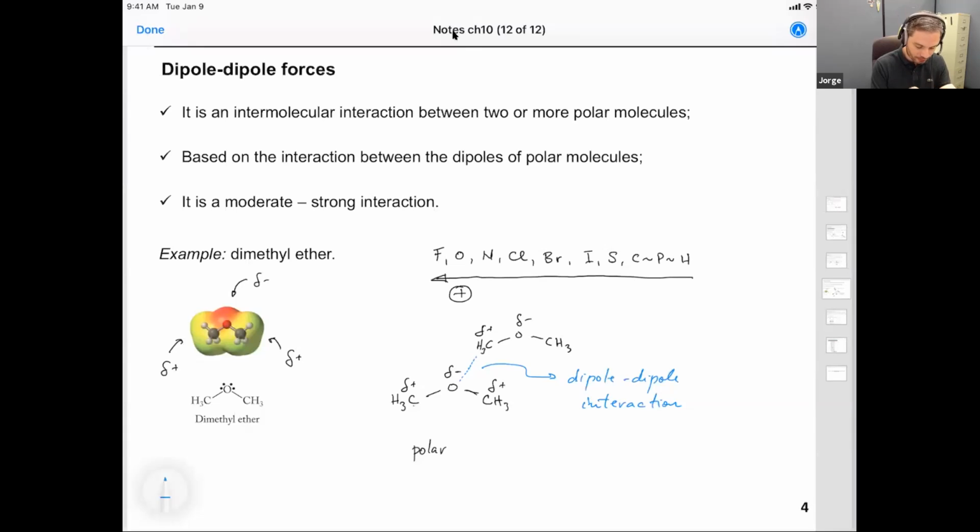Okay, so be very careful not to make the mistake and think that we have a hydrogen bonding here. Okay, to be a hydrogen bonding, the hydrogen needs to be bonded directly to fluorine, oxygen, or nitrogen. Otherwise you cannot have hydrogen bonding. And in this case, we have hydrogen bonded to carbon. And because of that, this cannot be a hydrogen bonding.